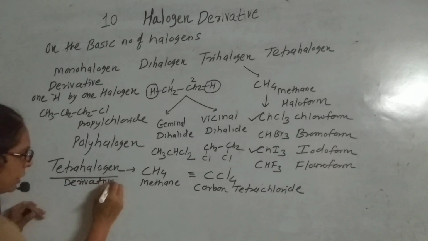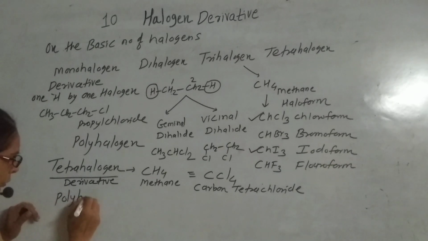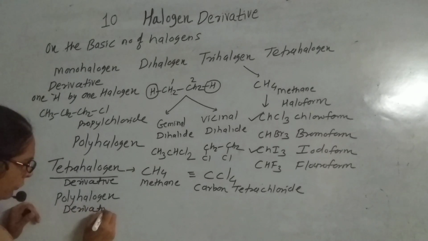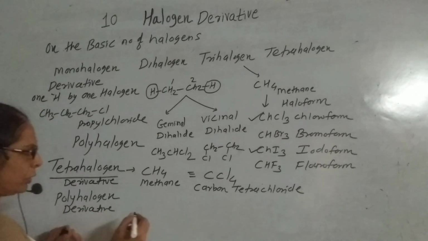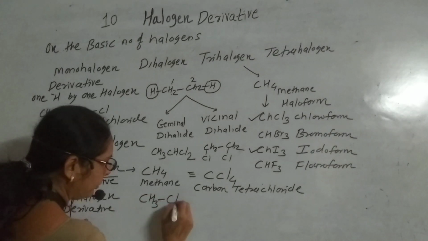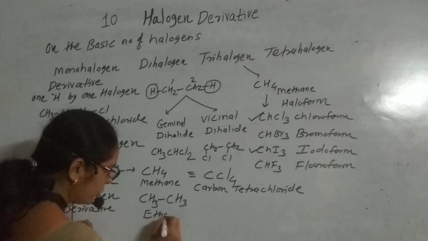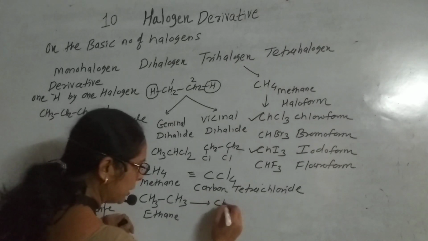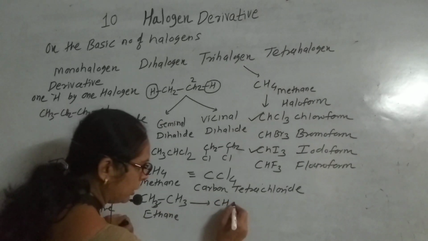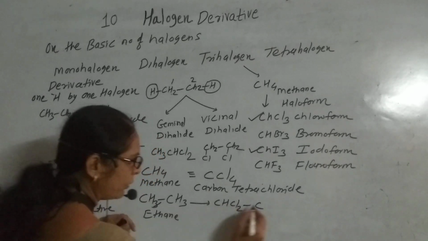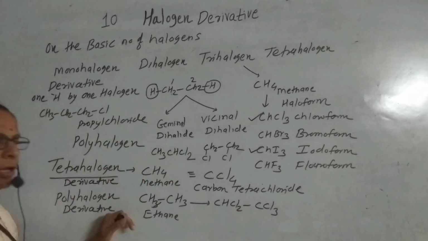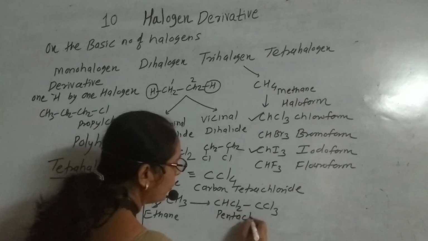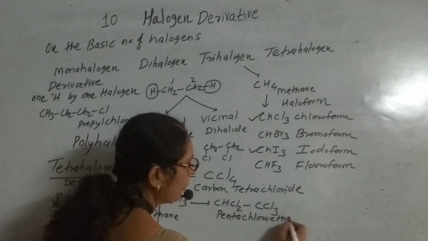We may consider that as a polyhalogen derivative. If you replace more than 4 hydrogens, then you get a polyhalogen derivative. Suppose I have the ethane. In the ethane, if I replace 5 hydrogens, 2 hydrogens by halogens from one carbon and 3 hydrogens from the other, in total 5 hydrogens by 5 halogens, then it is pentachloroethane.